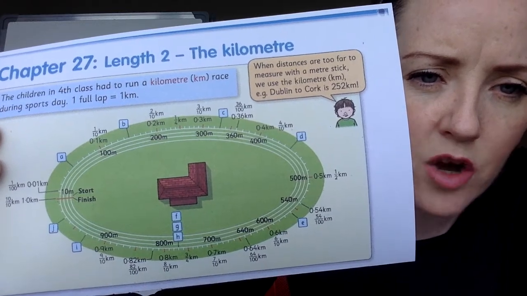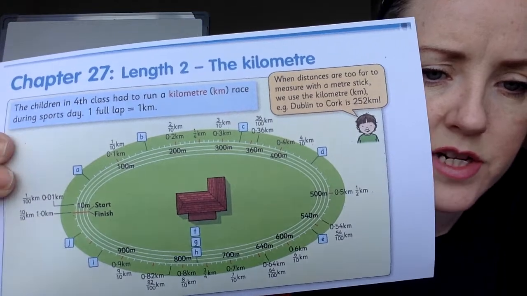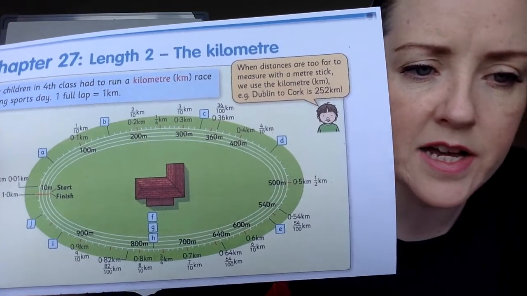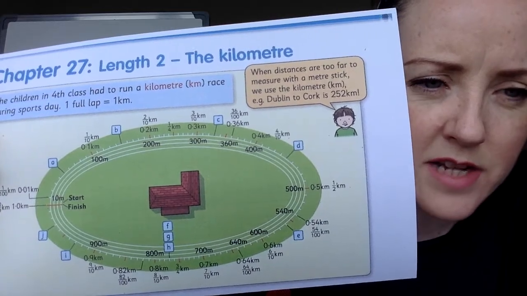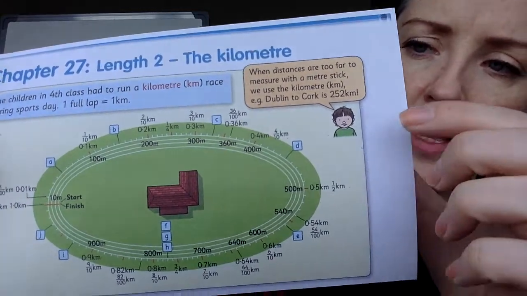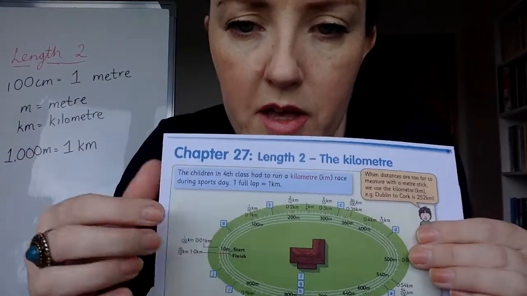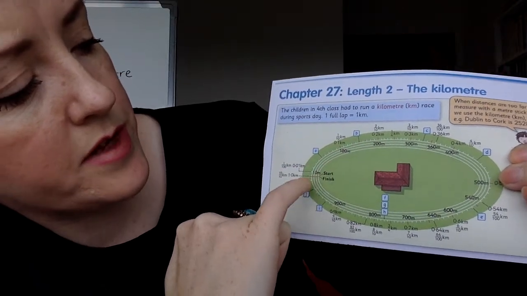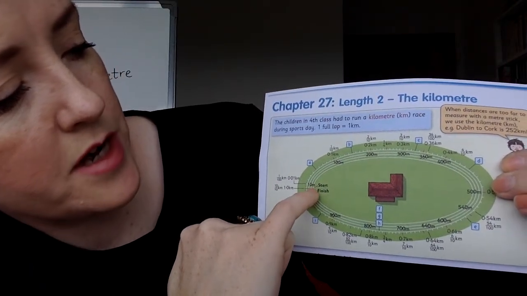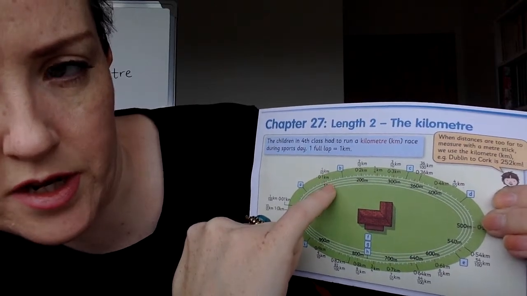You can see 100 metres, 200, 300, 400, 500, 600, 700, 800, 900 and 1,000 metres. There are little red marks. So here we have the start, and here at 100 metres there's a little red mark just here.